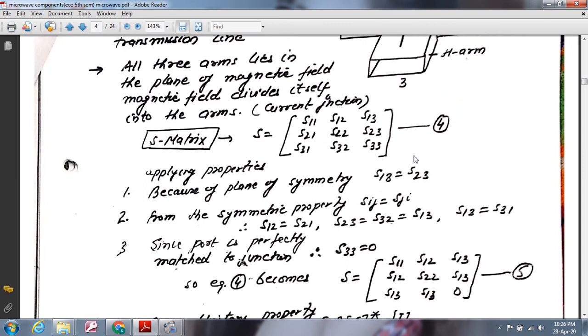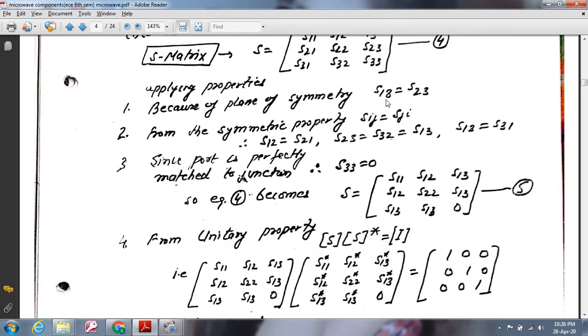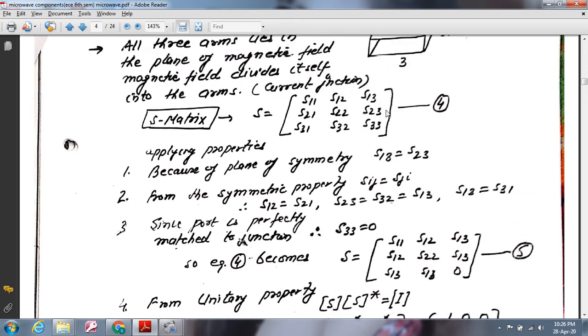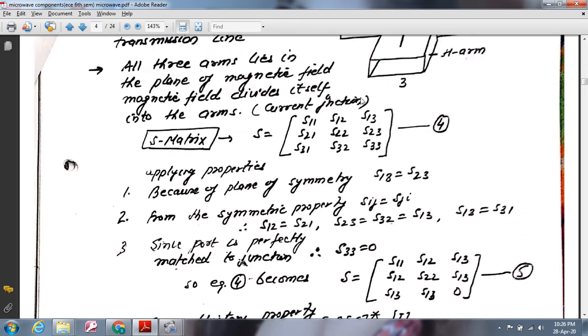In this particular case S13 will be equal to S23 because of the plane of symmetry.